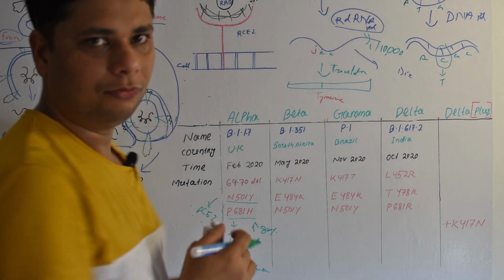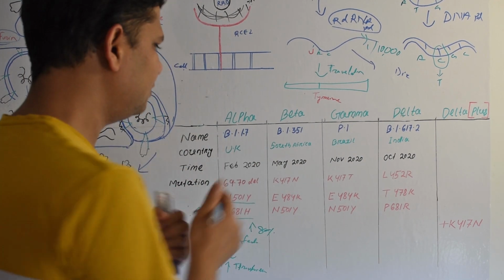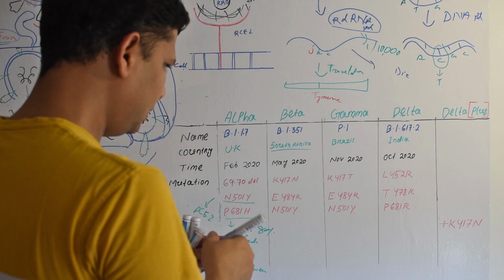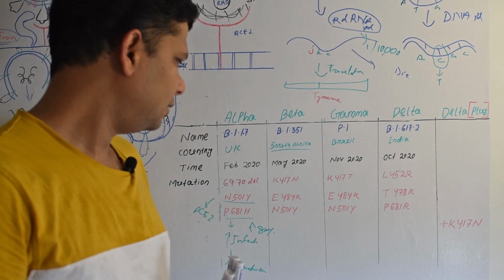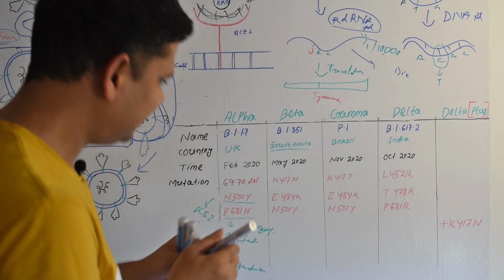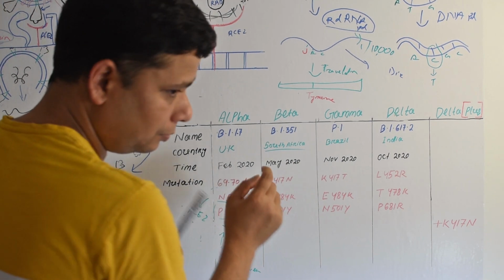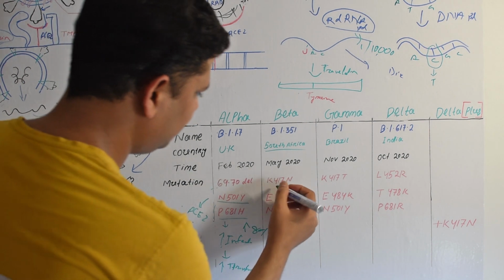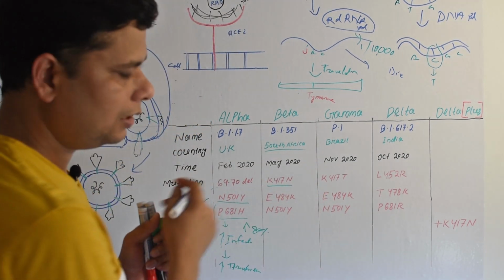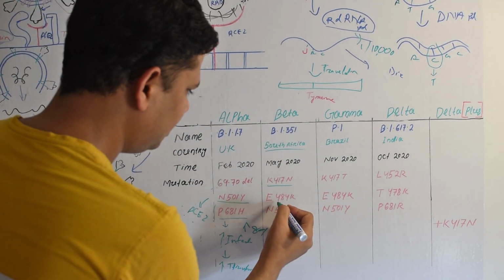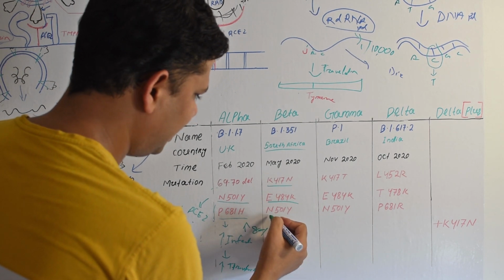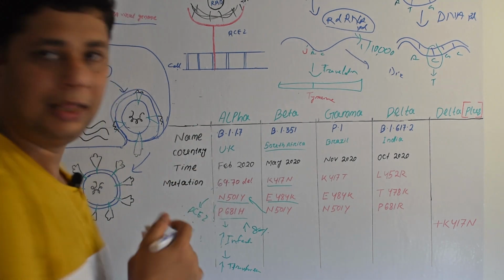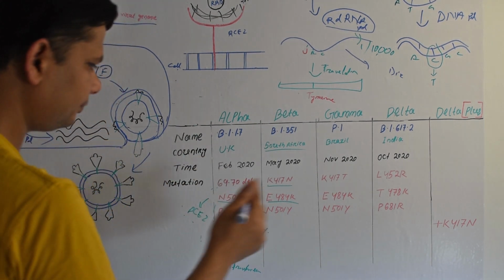And the second variant was the beta variant, which was first found in South Africa in May 2020, and it had three major mutations: K417N, E484K, and the same N501Y mutation which was already in the alpha variant.